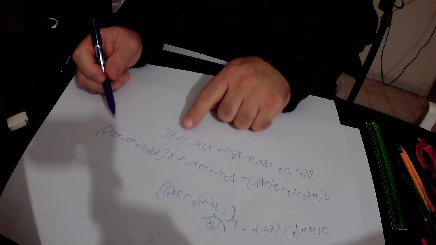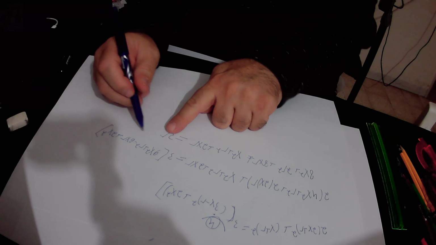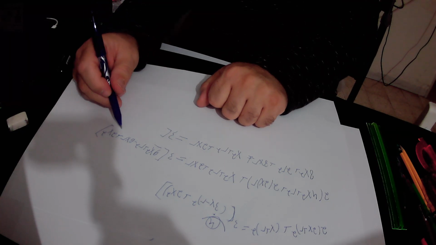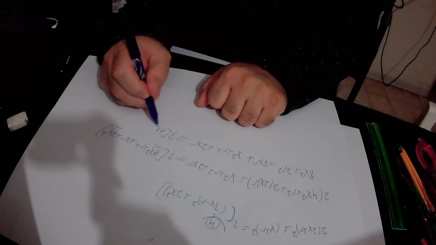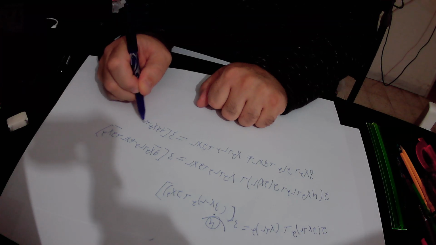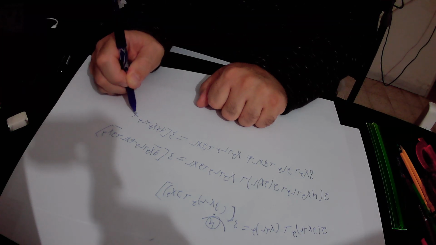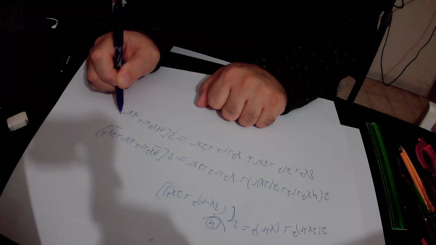Inside the brackets we have 9x squared plus 2x squared is 11x squared plus r squared minus 6xr.